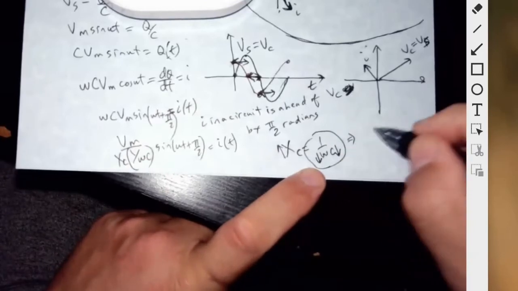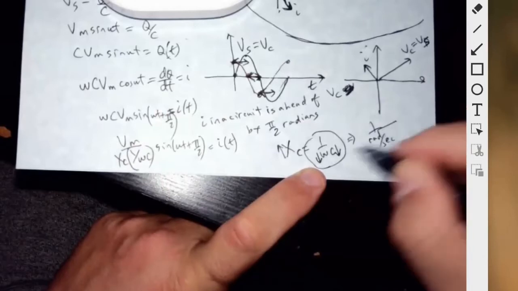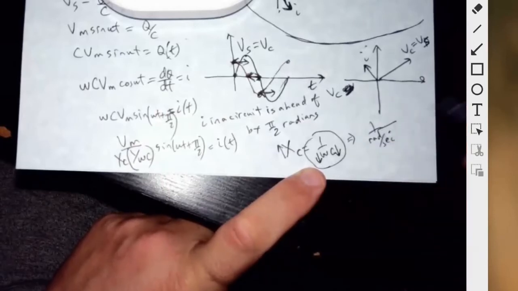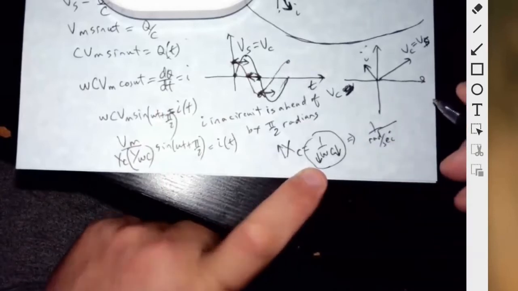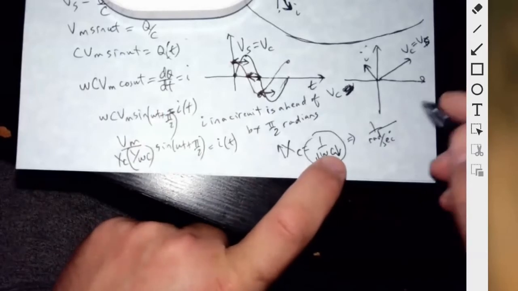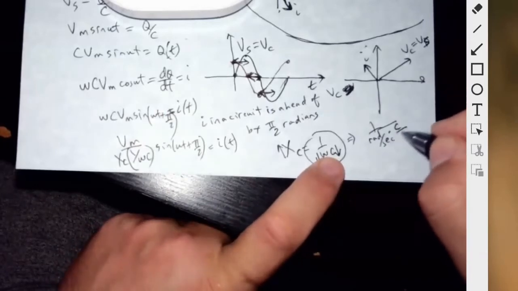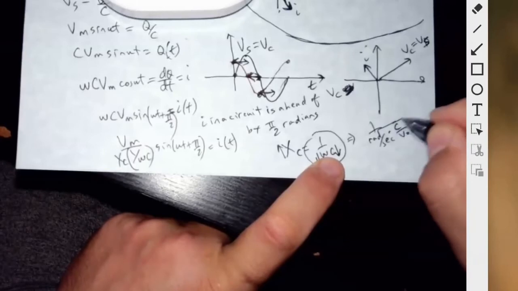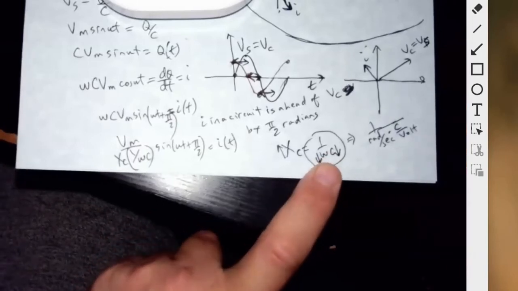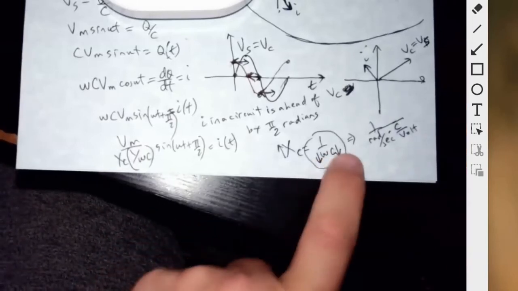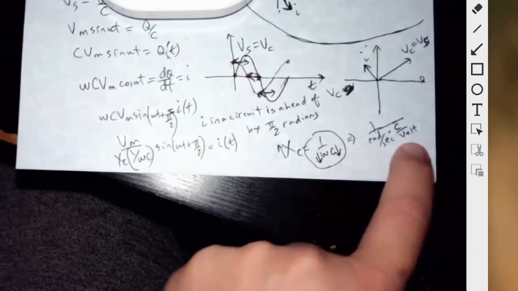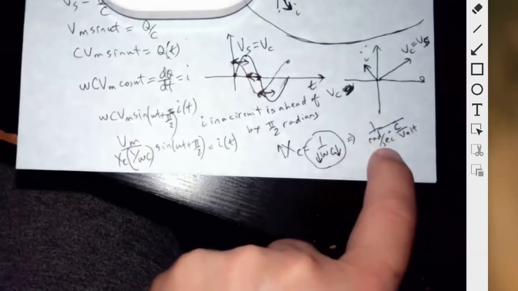Let's check that. 1 over radians per second times farads. What's a farad? Coulombs per volt. Right? Yeah, farad is coulomb per volt, and omega is rad per second.